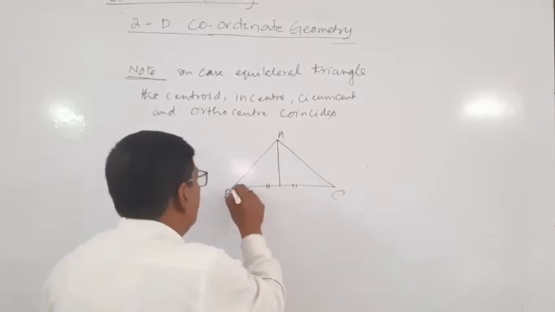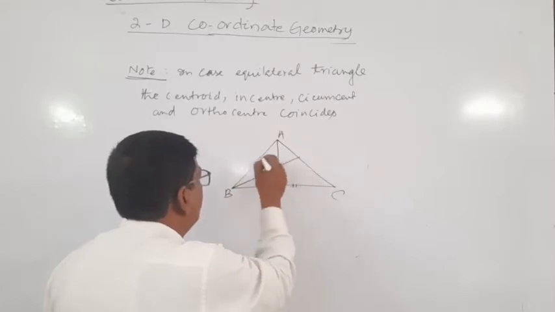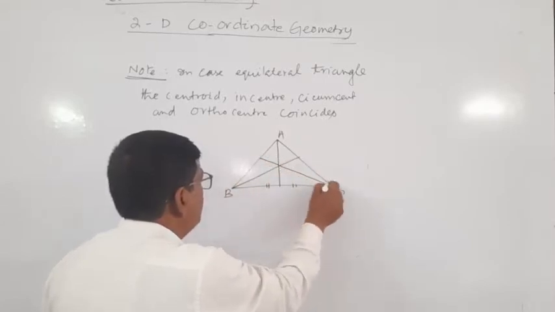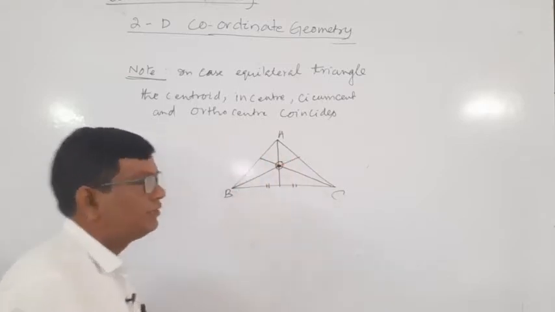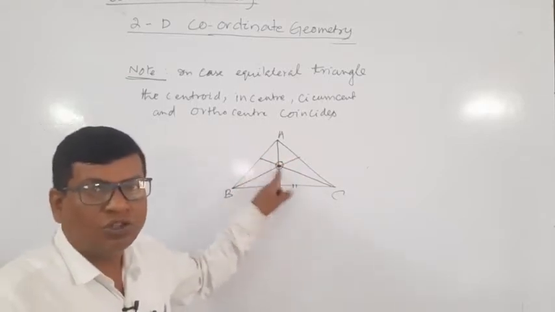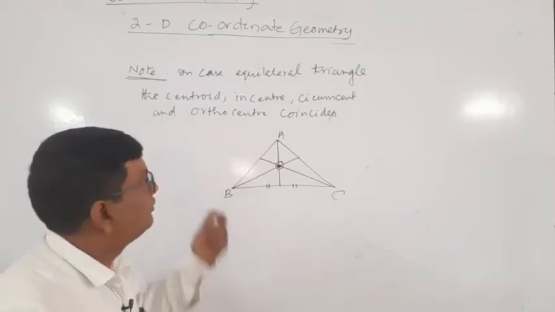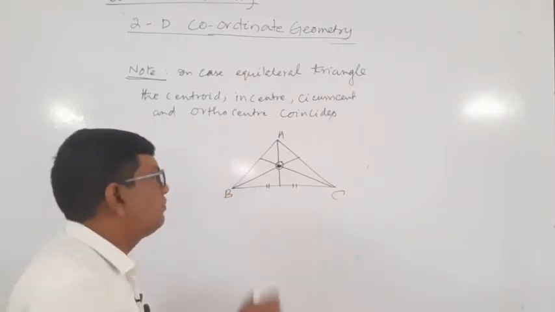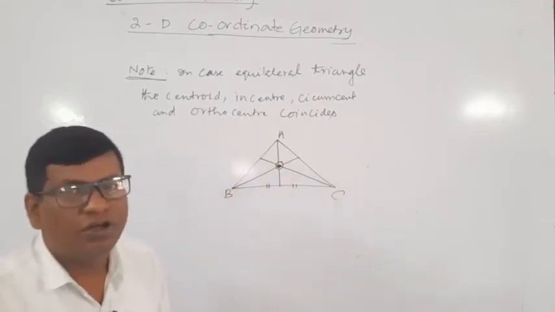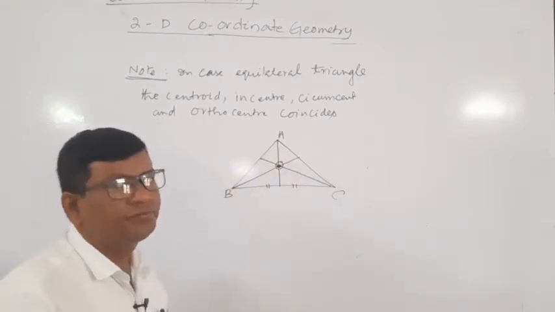So all coincide. This point will be what? Centroid, orthocenter, circumcenter and incenter. So it is a single point for an equilateral triangle.